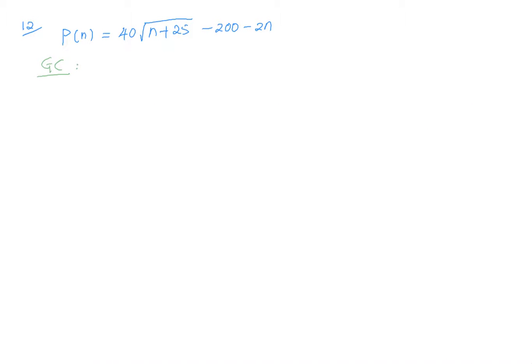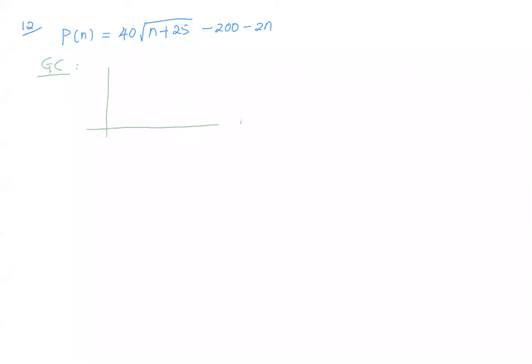Hello? Okay, then maybe I will put my x maximum as 200. Then I do a zoom fit. So the x maximum is up to you. Okay, so you will get a graph.